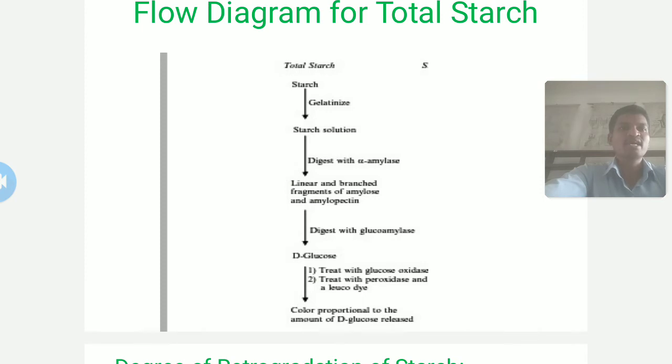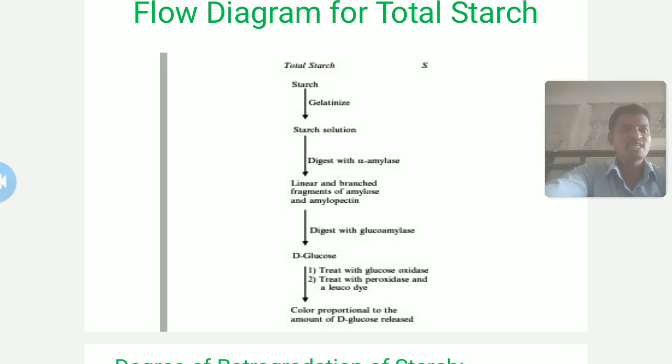You will get linear and branched fragments of amylose and amylopectin. Then the next step is to digest with glucoamylase. Then you will get D-glucose. So here we started with starch and you are getting D-glucose.